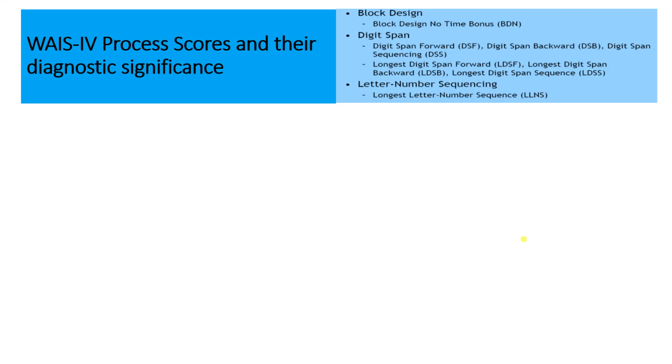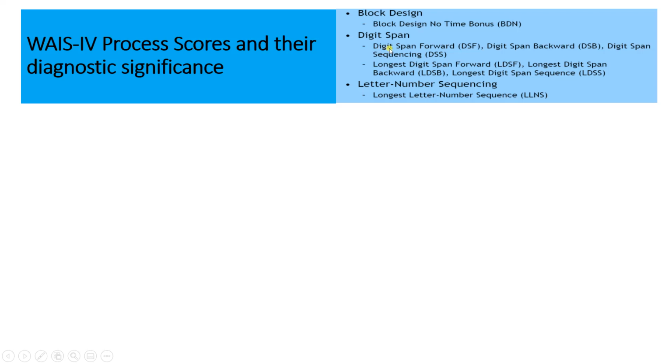In the Wechsler Adult Intelligence Scale, 4th edition, process scores have been suggested for three tasks: the block design, as you will be able to recall from the previous lecture, that we also score for a version with no time bonus. In the standard scoring it is not there, but for the process score we calculate a score for block design based on no time bonus.